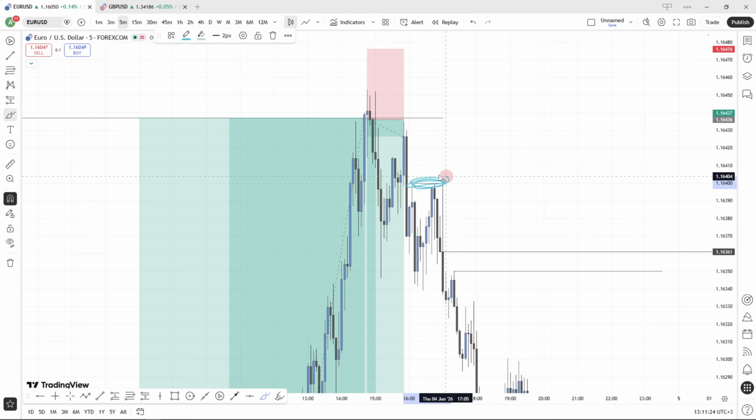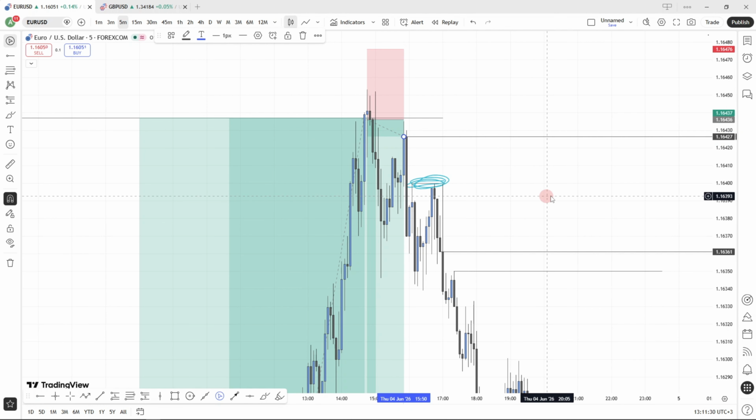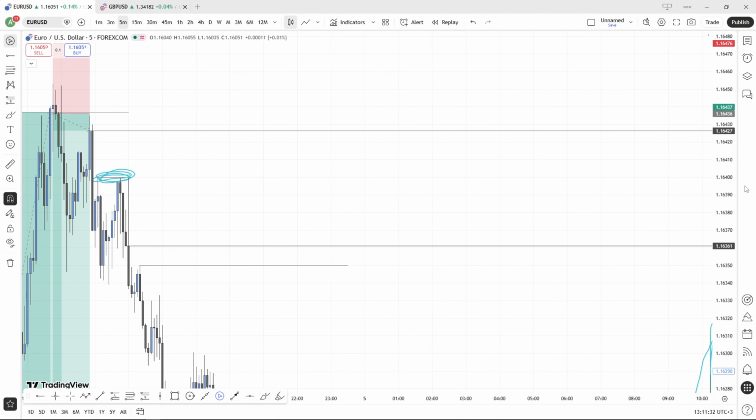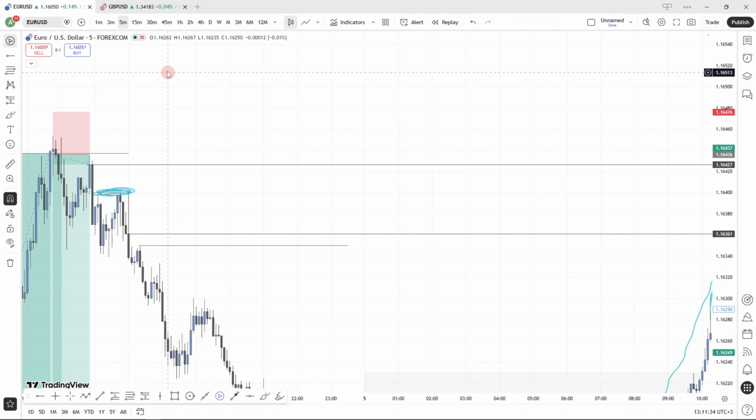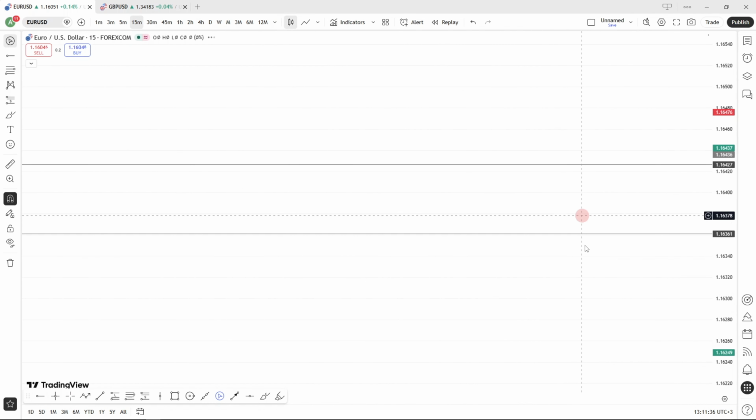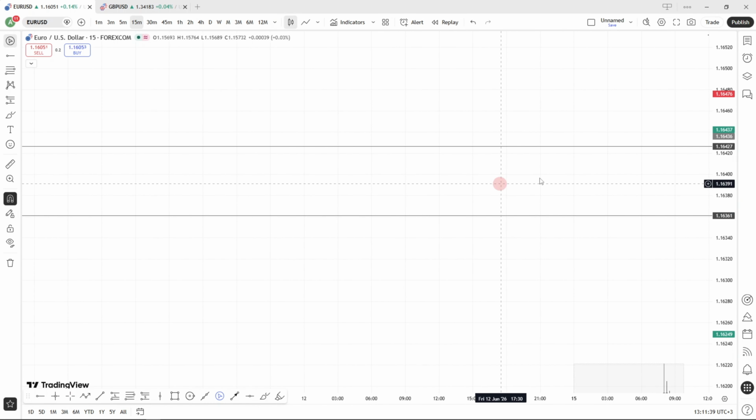So we should have marked a key level above that, this A level, which is a resistance level, and that's where we could have anticipated that price is going to react from during NFP news.